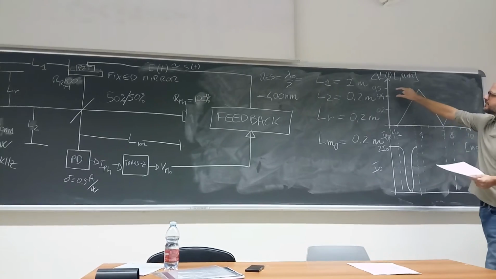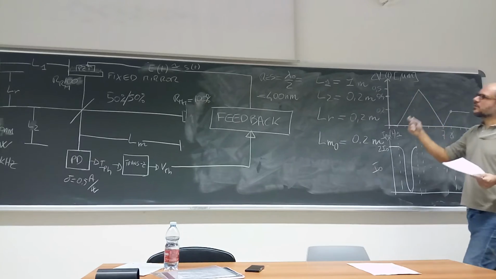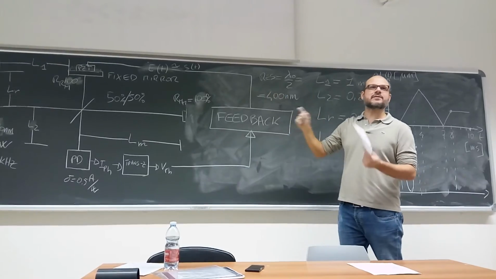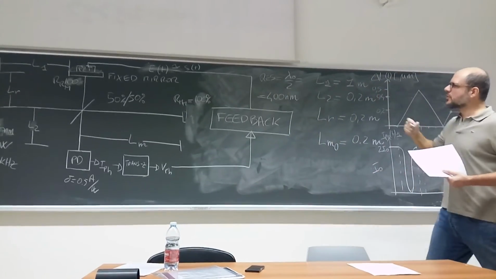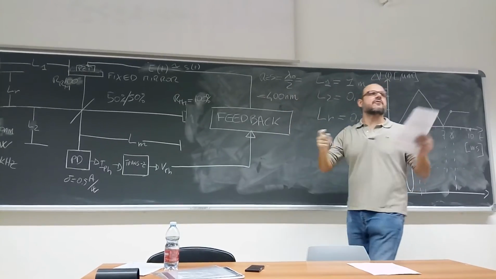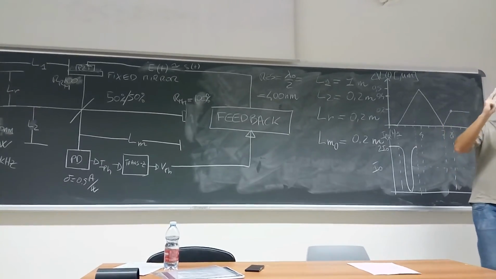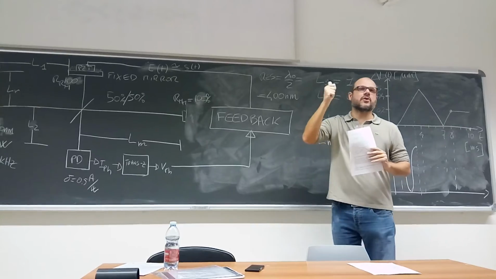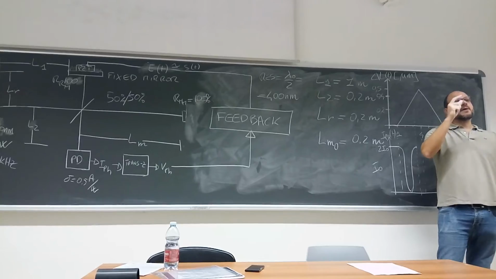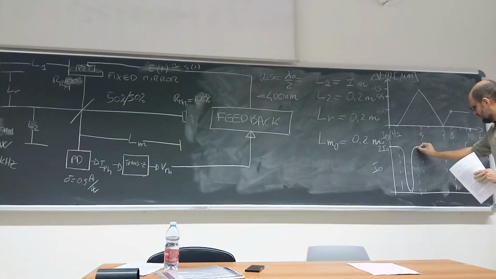But 100 nanometer, the difference between 0.5 and 0.4, is 1/4 of this quantity. If you move 400 nanometer, you see a full 2 pi period of development in the interferometric phase. If you move just 1/4 of this quantity, you will see a variation of pi over 2, or a quarter of the period. So you will finish here.